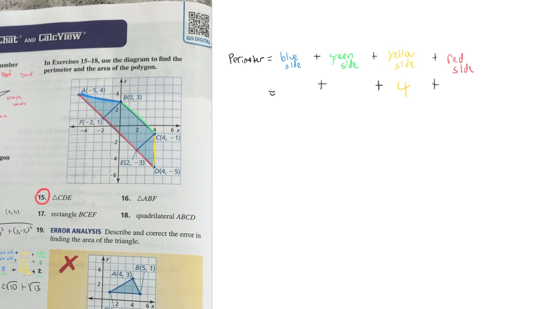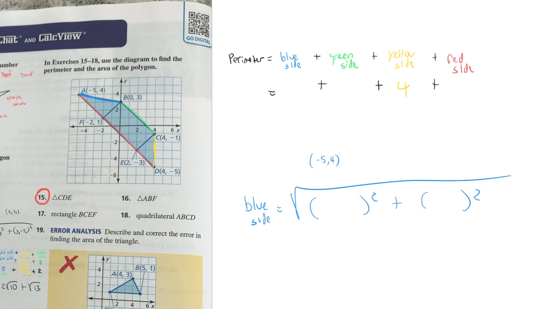Okay, so of course we're going to start with the blue side. We will be using the distance formula. Now we want to focus on the points that flank the blue side, or the endpoints, we could say, of the blue segment. And we'll say that that's -4, -5, and 0, 3.